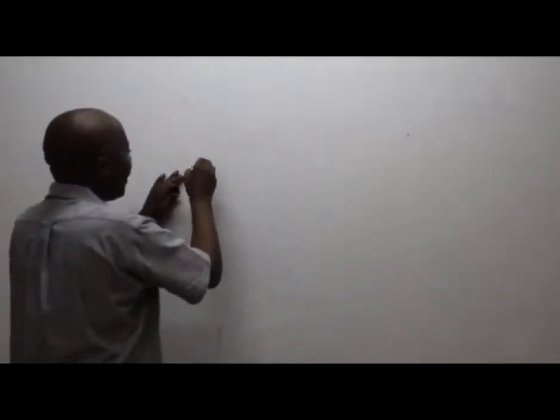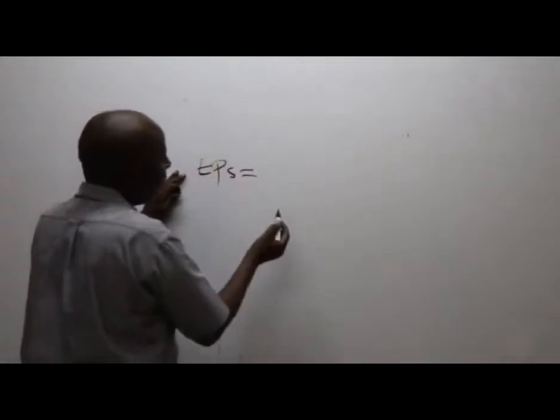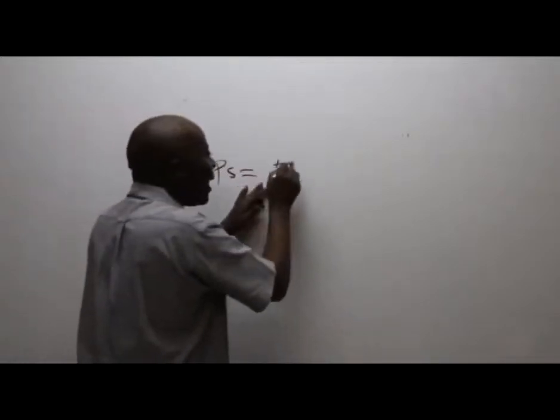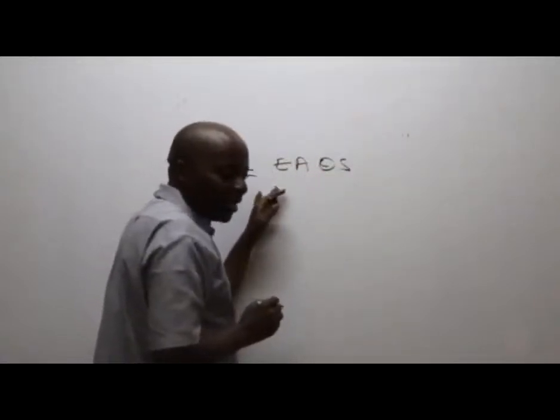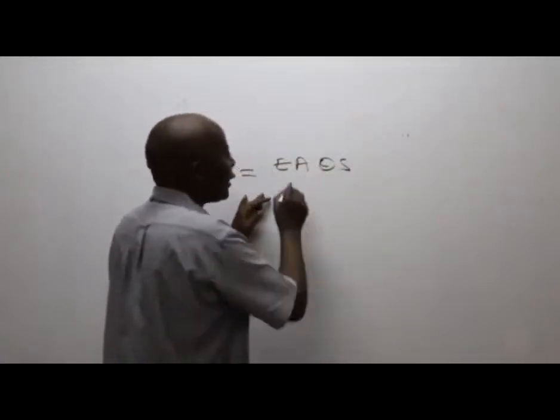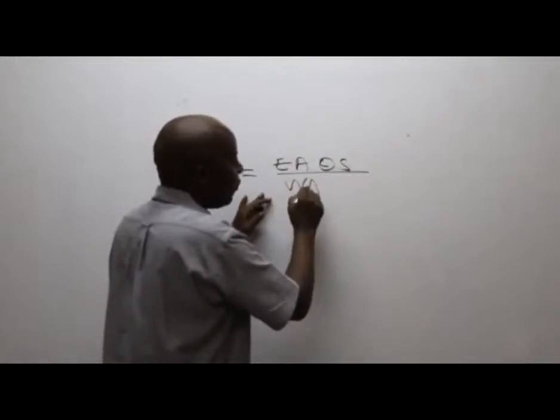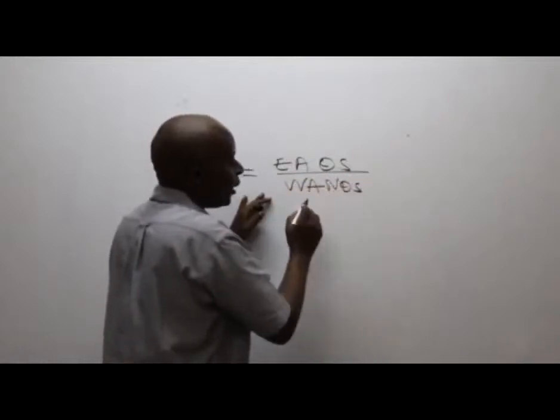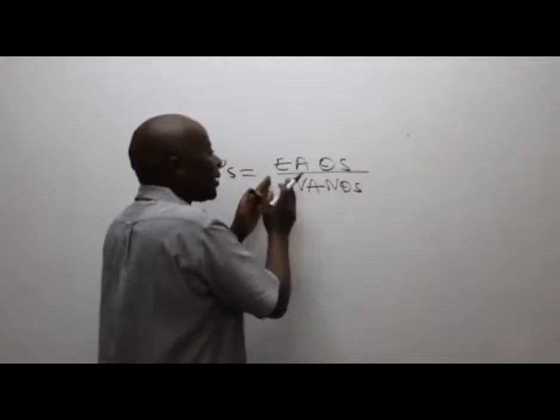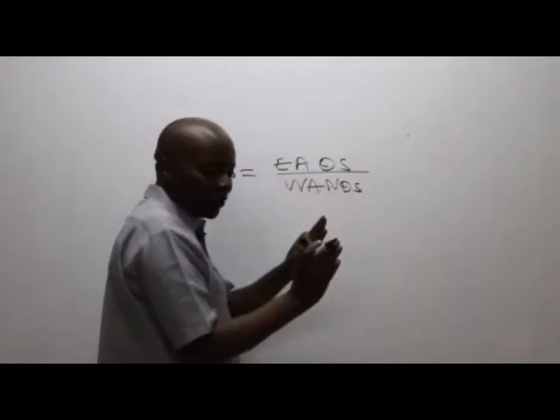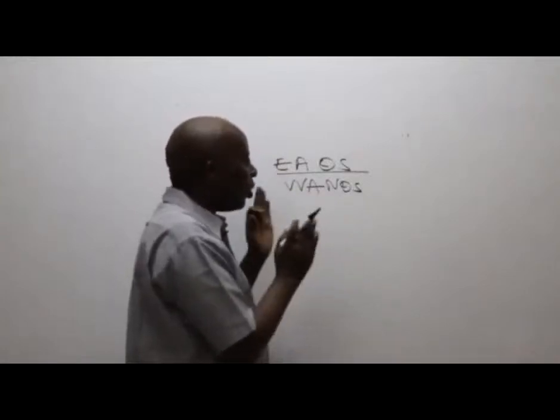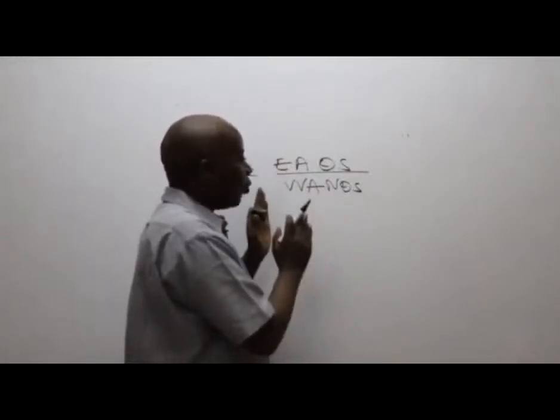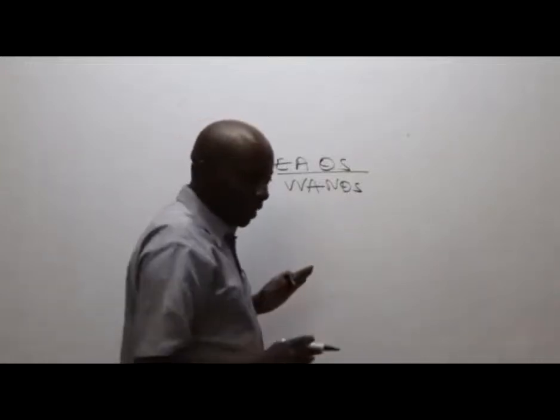For us to get earnings per share, we take the earnings attributable to ordinary shareholders over the weighted average number of ordinary shares.